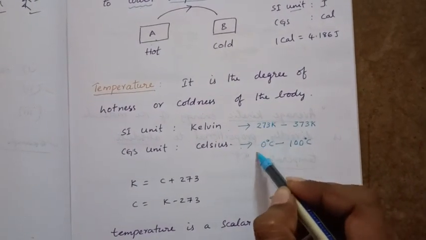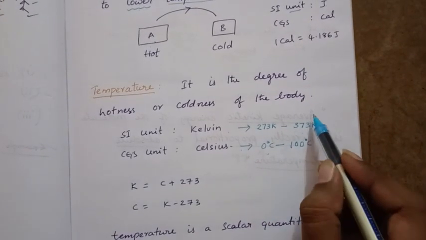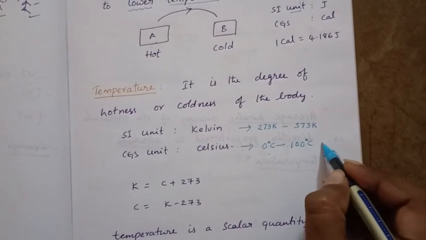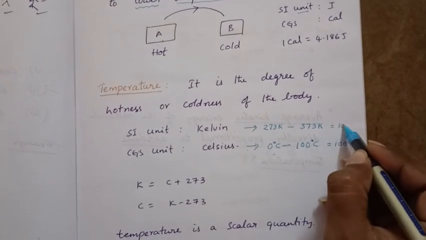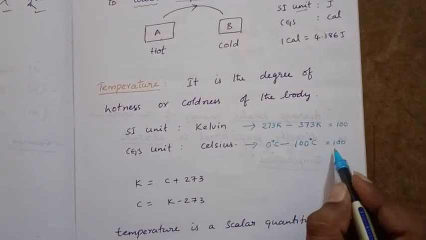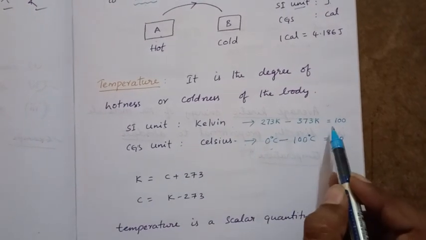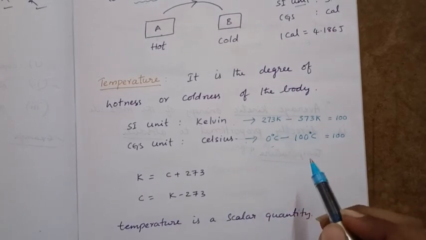The water freezing point is the lower fixed point, and the water boiling point is the upper fixed point. The Celsius scale has 100 divisions, 0 to 100. The Kelvin scale also has 100 divisions, 273 to 373.